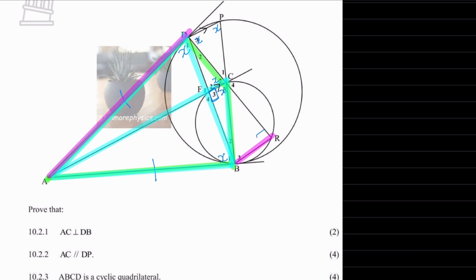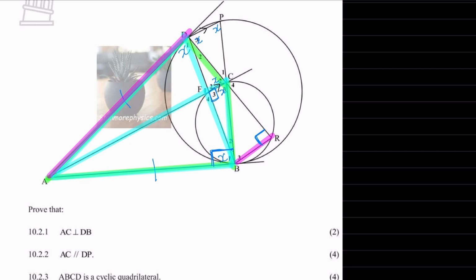But this angle right here is also going to be 90 degrees. Next, we know that since CB is a diameter and AB is a tangent, this angle right here is going to be 90 degrees. This B1 and B2 angle is going to be 90 degrees, right?